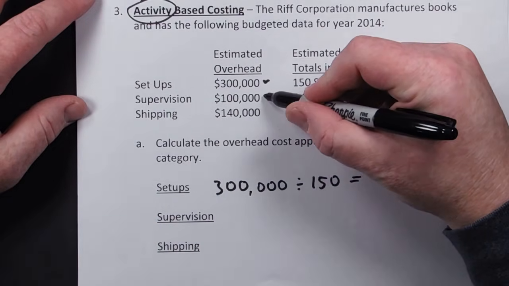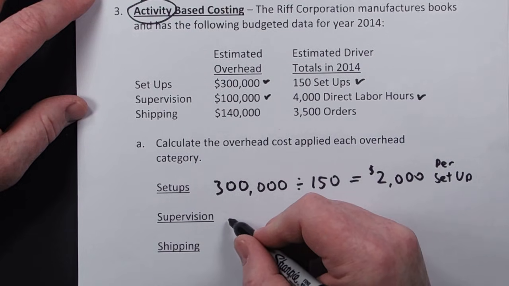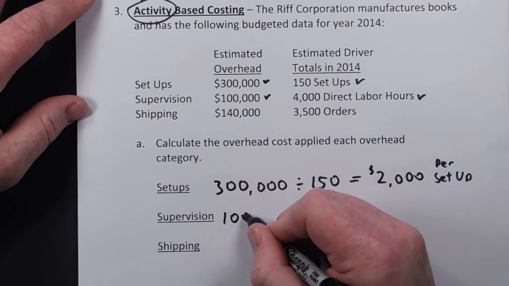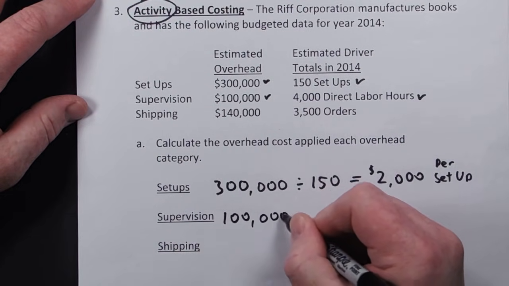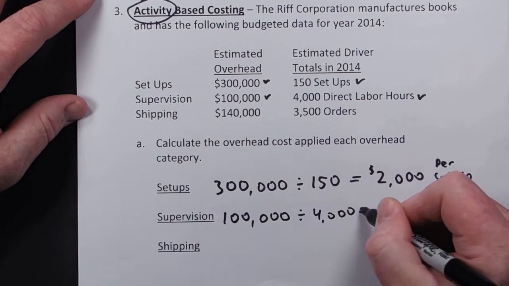Do the same thing for supervision. Now you'll notice that we're using direct labor hours for supervision. We're not saying we can't use direct labor hours. In some cases they're appropriate. In this case, supervision. But they may not be appropriate for everything.